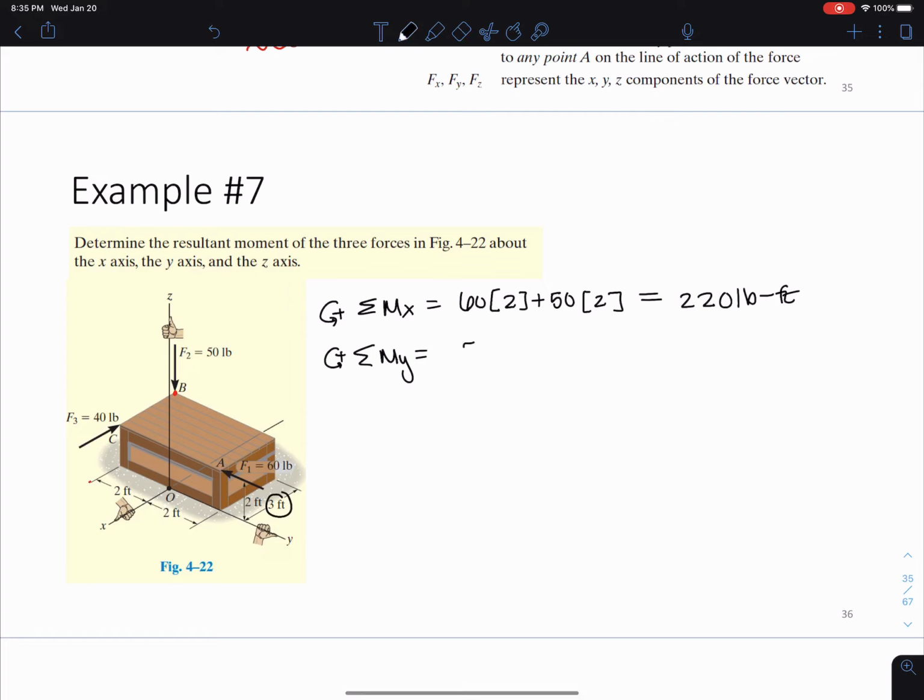So I have 50, and that's going to produce a negative moment about the Y axis, so times 3 feet. And then this 40-pound force acts 2 feet away from the Y. So I'm going to have minus 40, still producing negative moment, times 2 feet away. And I get negative 230 pound-feet.